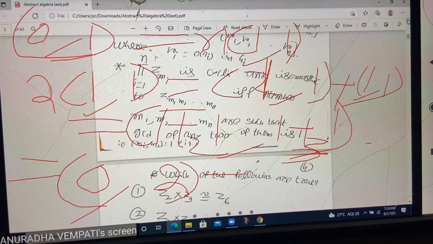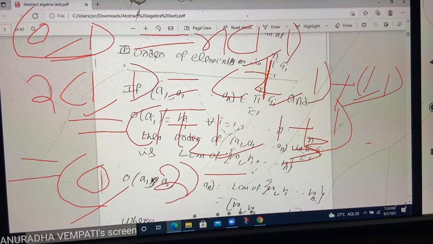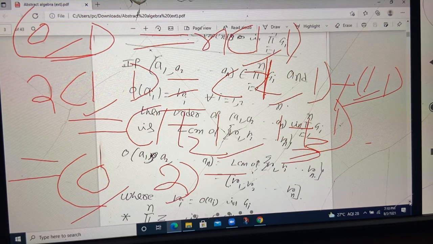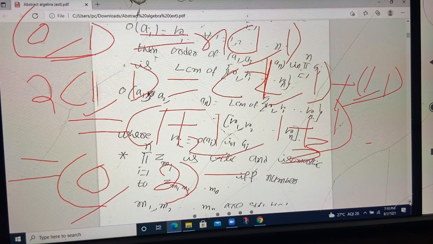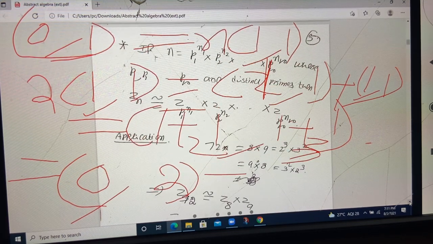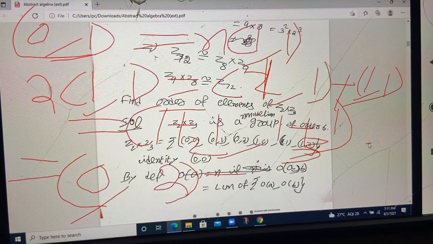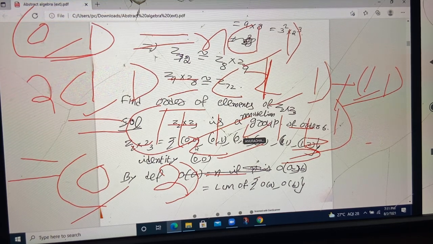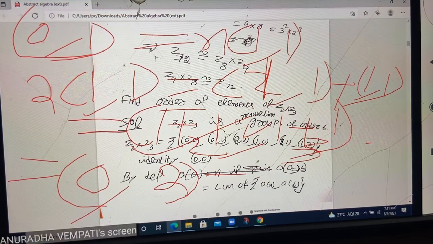Yes, (0, 2) is there. So we are able to write (0, 2) in terms of (1, 1). So (0, 2) is 2 into (1, 1).